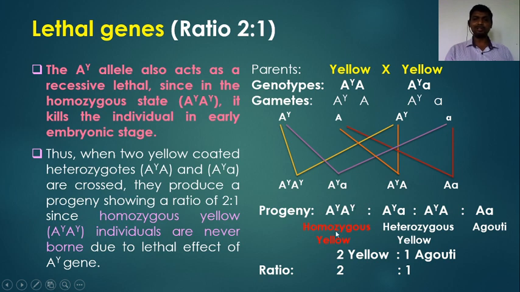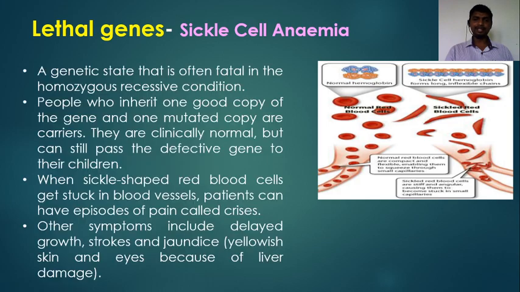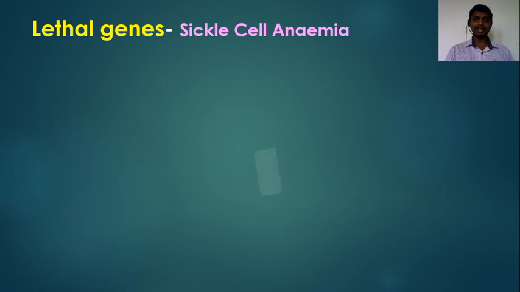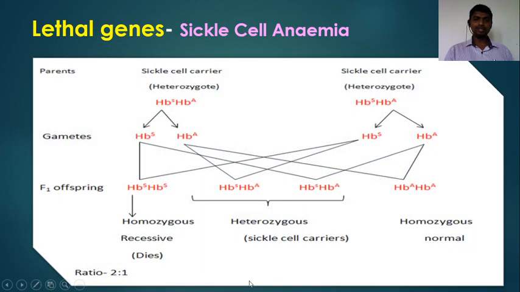The death of these individuals occurs due to the homozygous allele capital AY, capital AY. Similar is the case here in sickle cell anemia inheritance. This homozygous recessive is not able to survive, because it possesses both sickle shaped hemoglobin alleles, HbS.